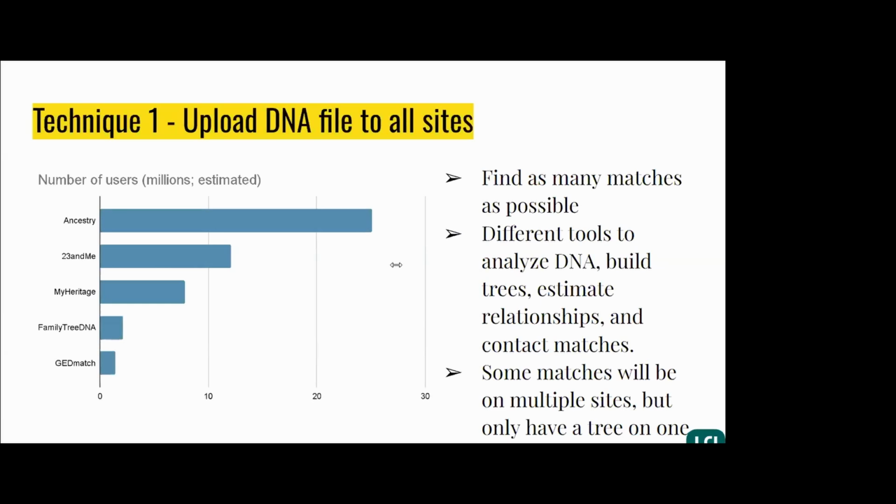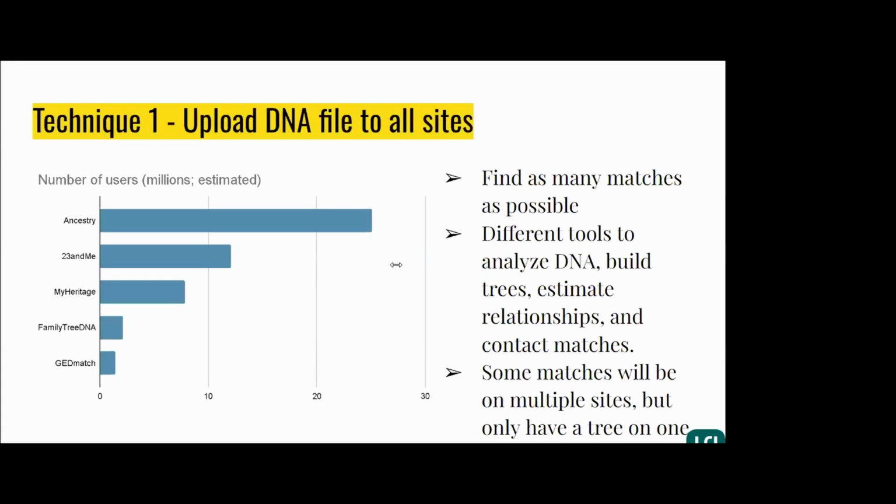As you can see by this chart, if you test with Ancestry DNA, for example, which has about 25 million users, but you don't upload your Ancestry DNA file to MyHeritage, which may have as many as 8 million users, you're missing out on potentially close and very helpful matches. The 2 biggest consumer DNA companies, Ancestry and 23andMe, currently don't permit you to upload a DNA file from another company to their site.